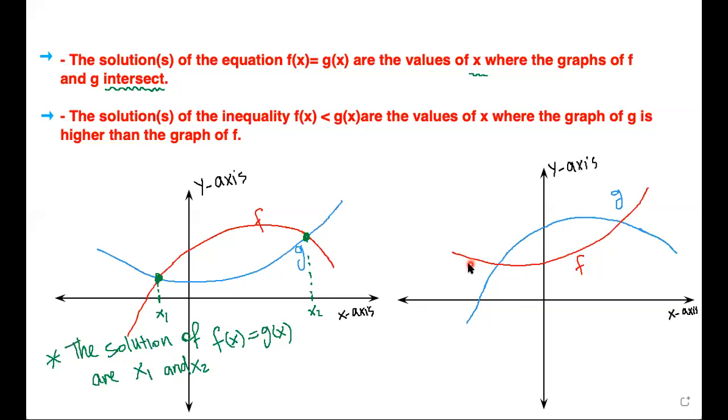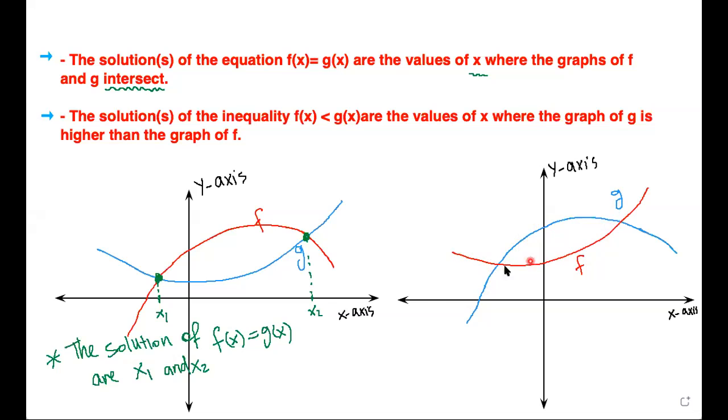This is not the solution for the inequality. When the graph G is higher than the graph F, at this point it looks like it's above the red one. The blue curve, starting from this point, is above the red curve.